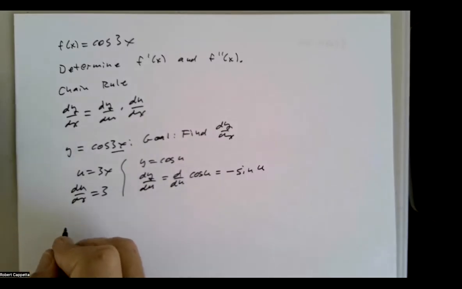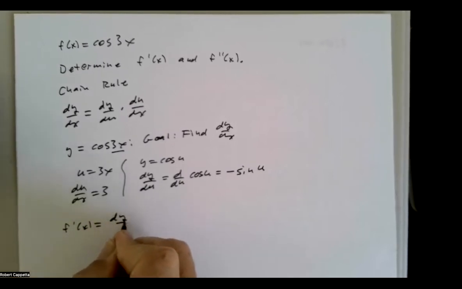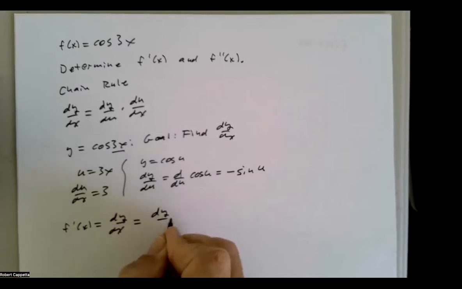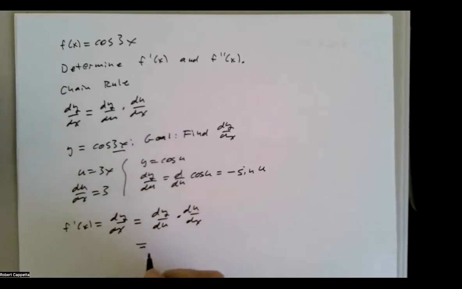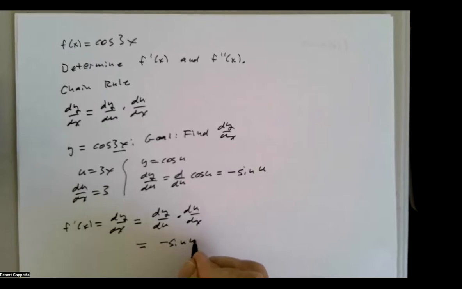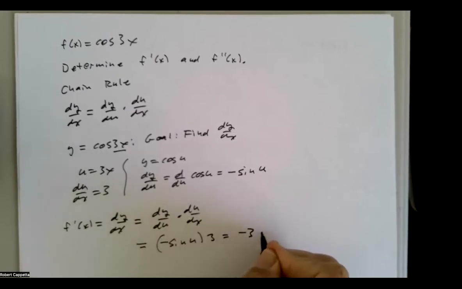So f prime of x is the same concept as dy dx, which will be dy du times du dx, which gives me what? Dy du, we said, was negative sine u, times du dx. Du dx is 3. So we get negative 3 sine u, but that's not really my answer. My final answer needs to be in terms of x.